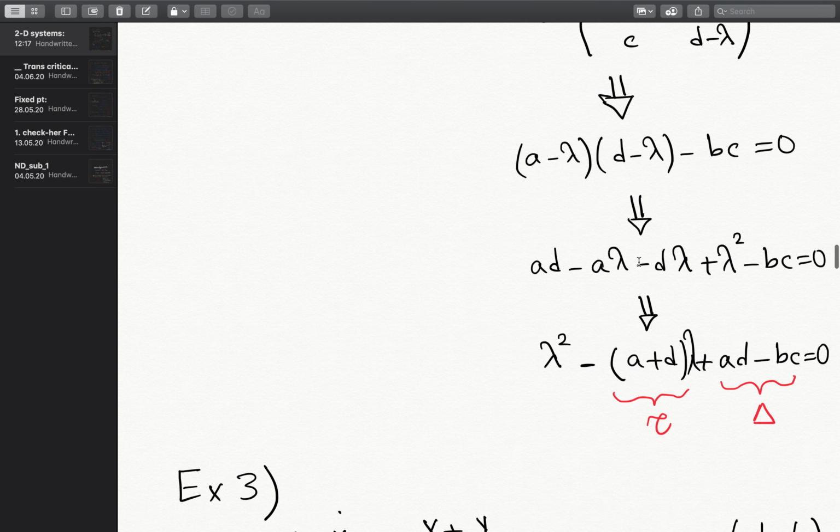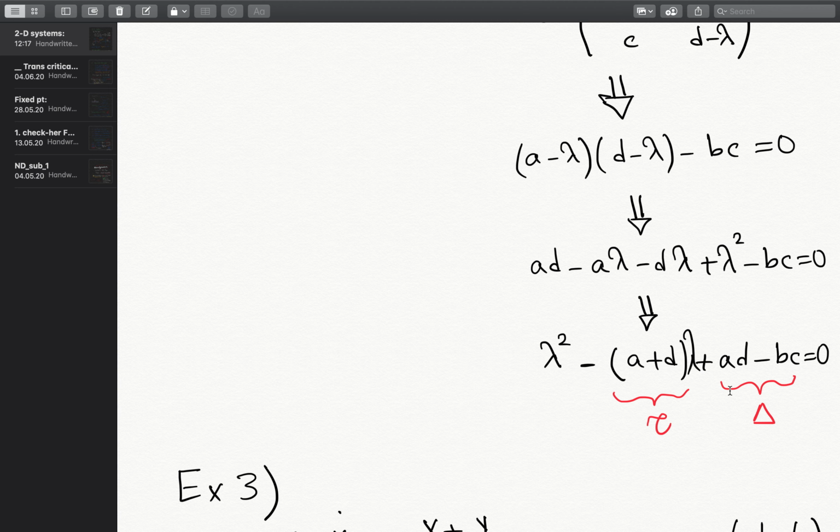And then I factorize these lambdas, and it's A plus D, and I bring this AD to here, and this is AD minus BC. Therefore I have a formulation like this: lambda squared minus (A plus D) times lambda plus AD minus BC is equal to 0.